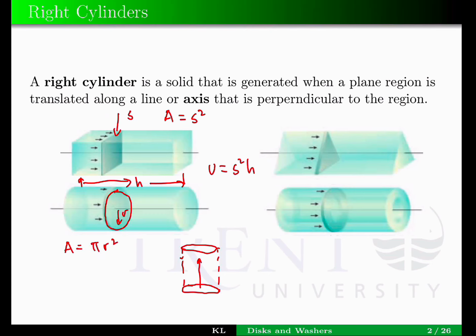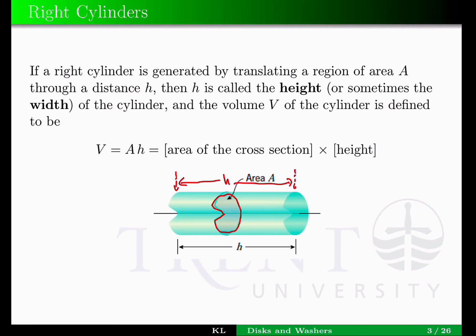If the amount of translation is h, then the volume will be pi r squared h. And this is the volume of a circular cylinder. So the formula that we are going to use here is actually consistent with the formulas that we know already.